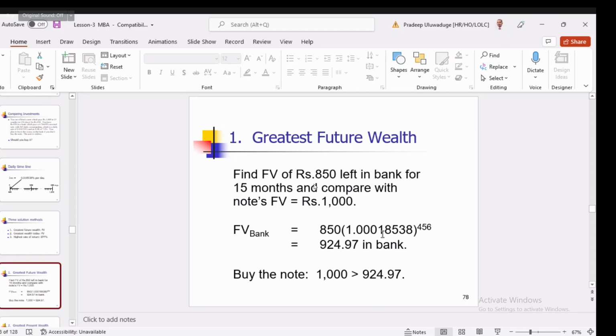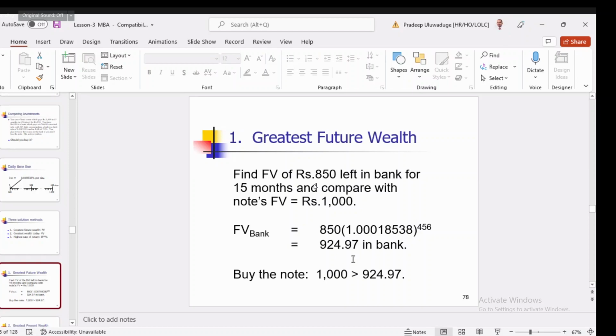So if you leave the 850 in the bank, you will get 924 rupees and 97 cents after 15 months. If you buy the note using that 850, after 15 months you will end up getting 1,000 rupees. So the future value of the note is 1,000, and the future value of the bank balance is 924.97.